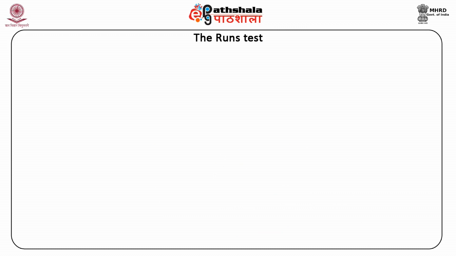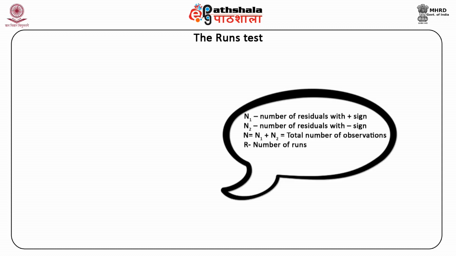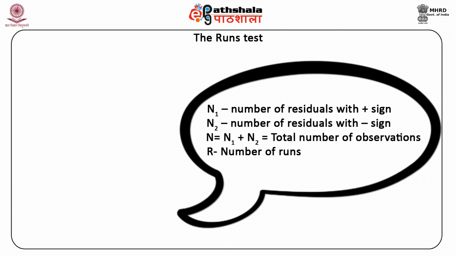Geary has also proposed a test of hypothesis to check if the runs are indicative of autocorrelation. The test can be described in the following manner. Let N1 be the number of residuals with positive sign, N2 the number of residuals with negative sign.